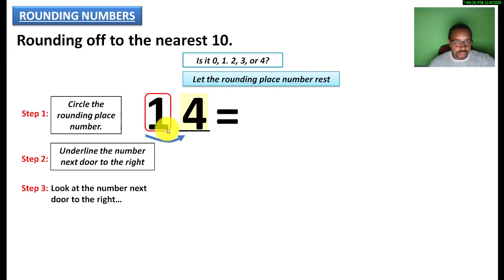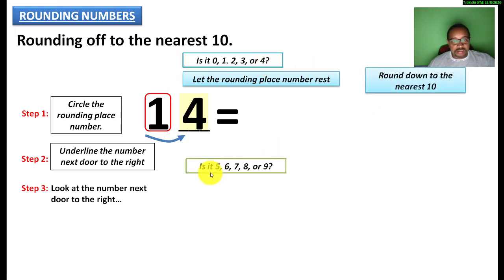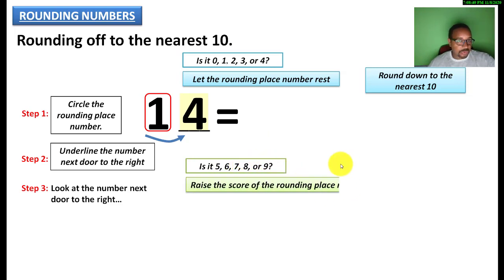This one doesn't change because this number is a 4. Or we could say we round down to the nearest 10. But if it was a 5, 6, 7, 8, or 9, we'd have raised the score of this 1. But it's not a 5, 6, 7, 8, or 9, it's a 4. So we'll let this rest.